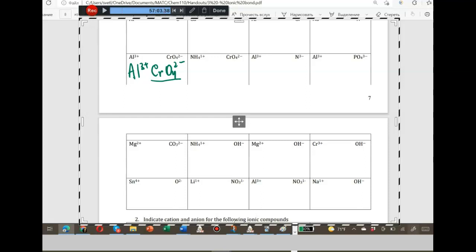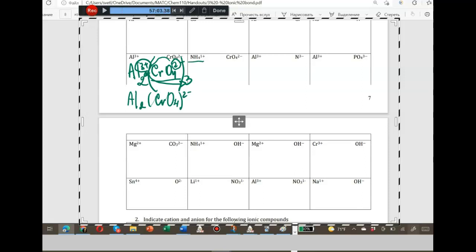To make it neutral, put 2 here. This 2 goes here, and this 3 goes here. But when we have polyatomic ions, we need to use parentheses here. So if I rewrite it, it will be aluminum 2, CrO4, 2 negative.